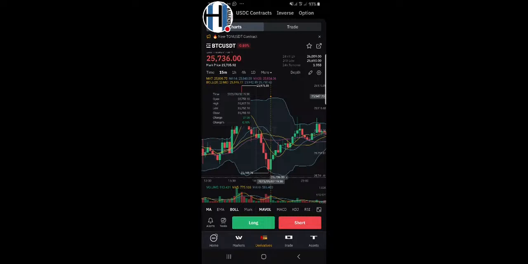The chart went up here, you can see clearly. Then what happened next? It fell down, lost significant value from almost 25,945 to like 25,875.